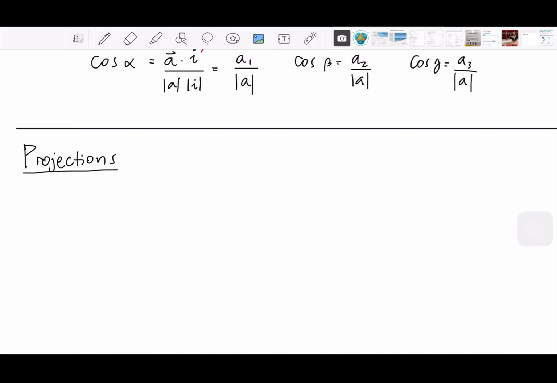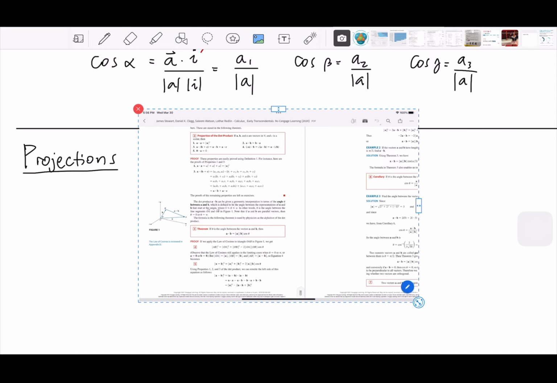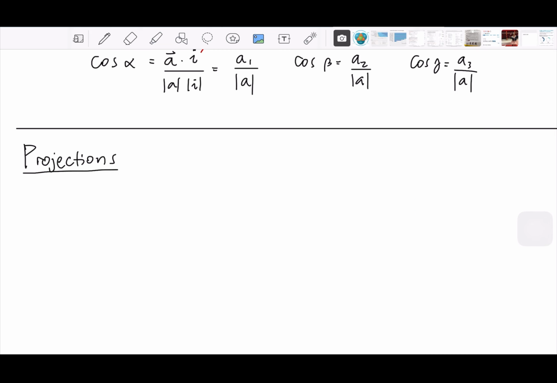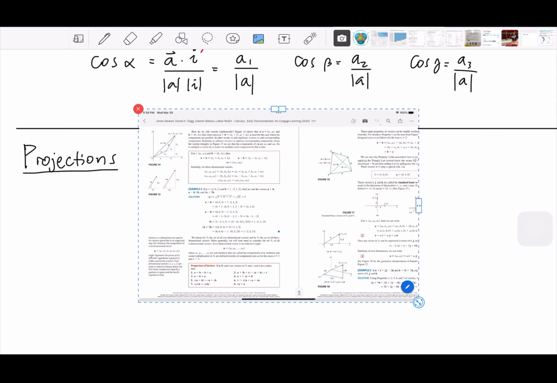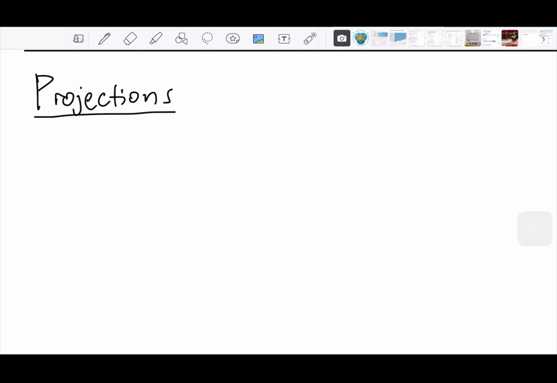Okay, let me check if I have the graph. Do I have the graph? Oh, okay, no. Let me just take this. Okay, let's say these are vectors.